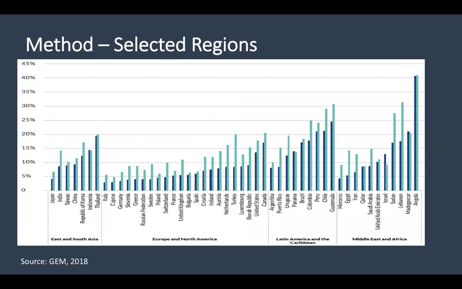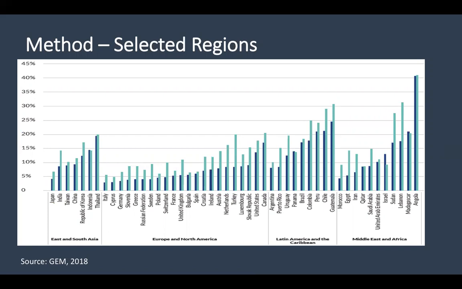As I said, we make this research within different regions. How did we choose the regions? We chose them according to Global Entrepreneurship Monitor reports, and we chose East and South Asia, Europe, and North America, and these countries' data at first for this part of the research.